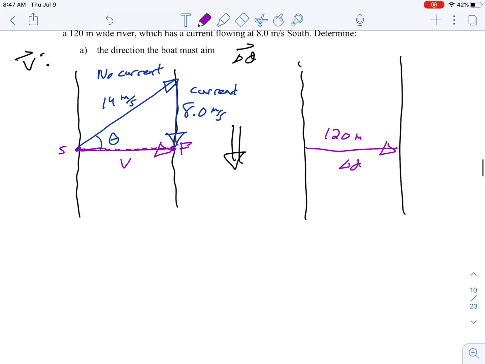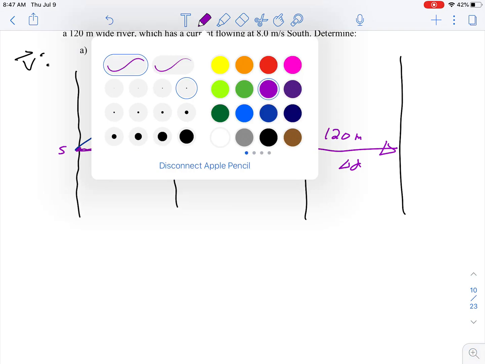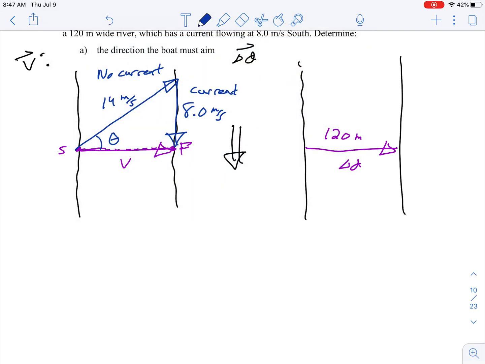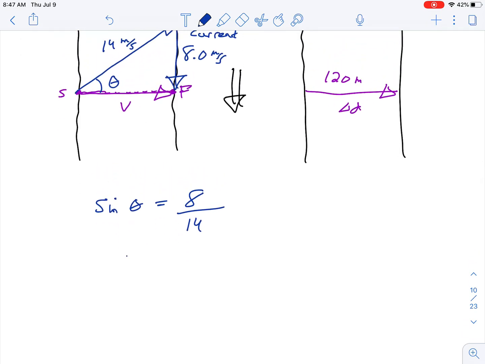Okay, now we finish up this question by doing, first, we're going to find out the direction the boat aims. We've got to find theta. Now do you notice relative to theta, 8 is opposite and 14 is the hypotenuse. So that's going to be the sine of theta being opposite over hypotenuse. So we do the inverse sine.